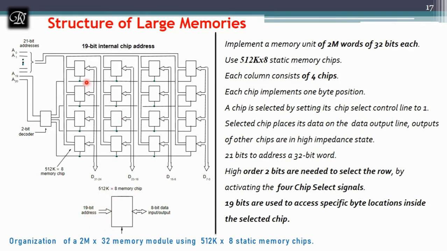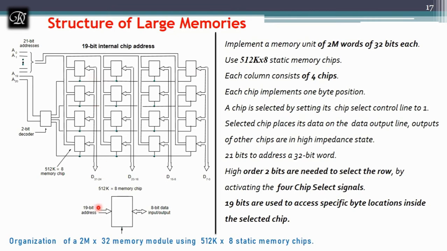And here for each line we are having how many chips? 1, 2, 3, 4, and we are having a total of 16 memory chips. To do this, how many remaining address lines do we need? Each will be having 4. The remaining 2 lines are more than sufficient for us to address individual bytes.